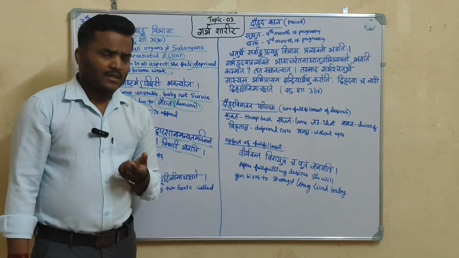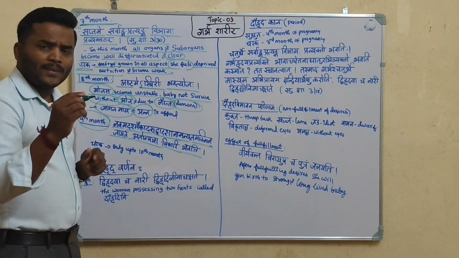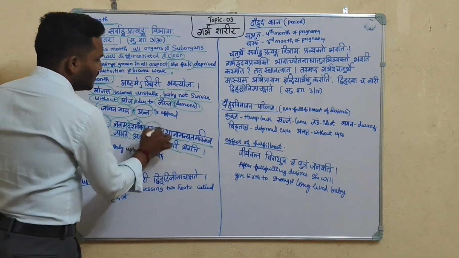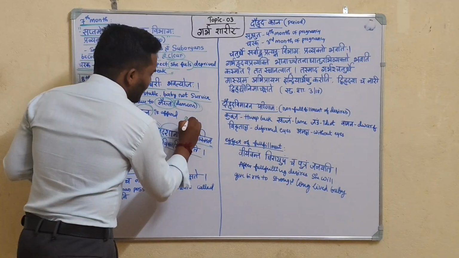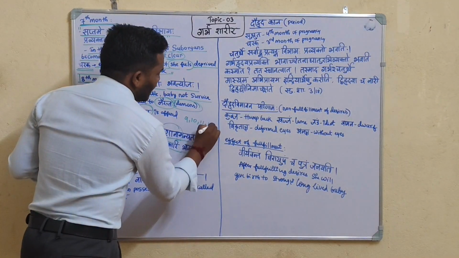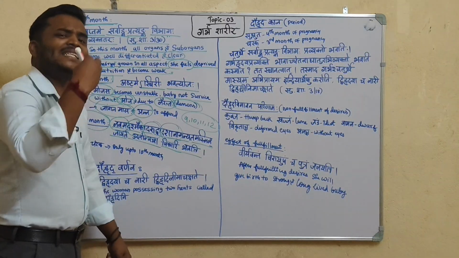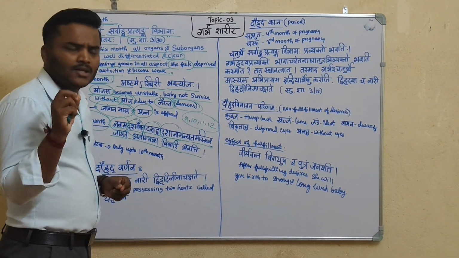Acharya Charaka and Acharya Shushruta explained that a baby born in the ninth month, 10th month, 11th month and 12th month is normal. If birth happens in the 9th, 10th, 11th and 12th month, it is normal. Other than this, it becomes an abnormal condition.